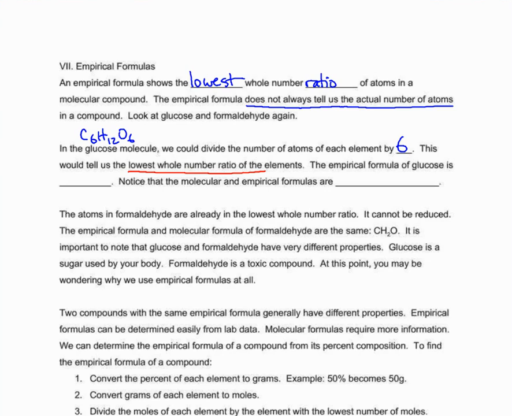So if you did that, we would get the empirical formula. The empirical formula of glucose is CH2O. It's reduced. Write that here. So you'll notice that the molecular and empirical formulas are not the same.